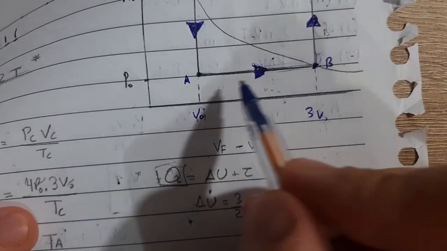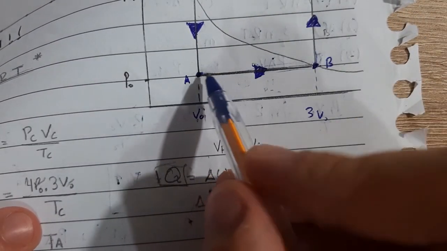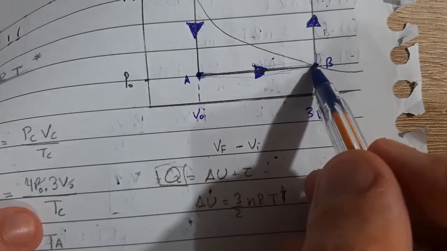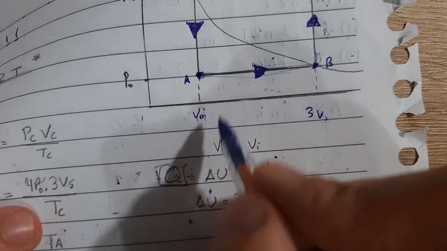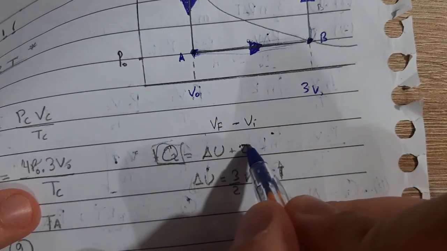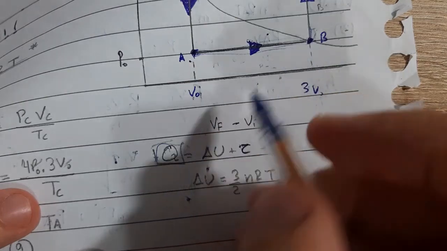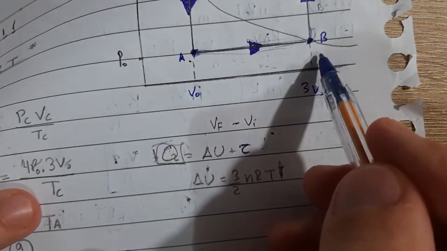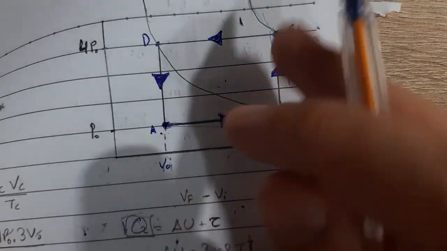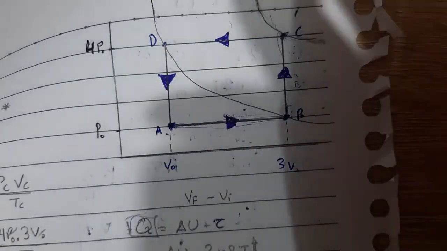So look, what we are going to need to find right now is how much energy this is for each of the processes. So we will need to find the internal energy. We did find the work from A to B. We will need to find the internal energy from A to B, and then from B to C, and then that will be good enough.